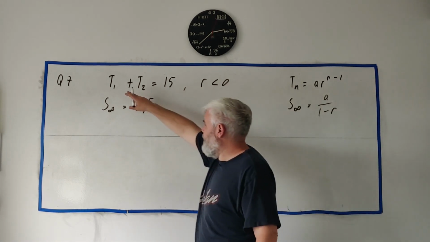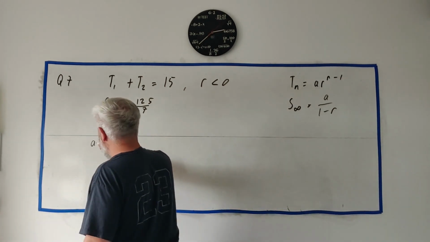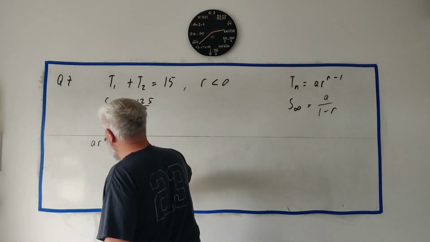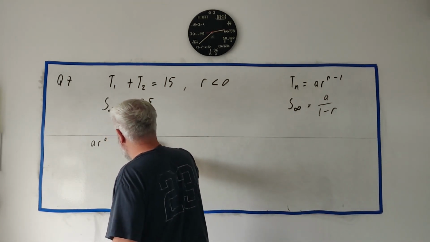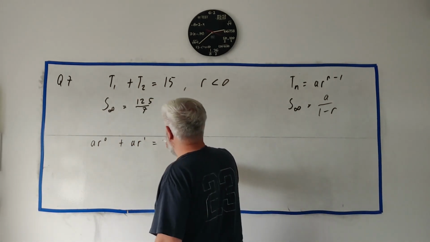And we can start putting things in, like for example, the first term, T1, is actually ar to the 1 minus 1, so ar to the power of 0. The second term is ar to the power of 1, and that's all equal to 15.